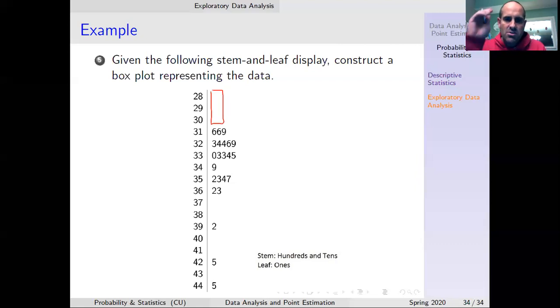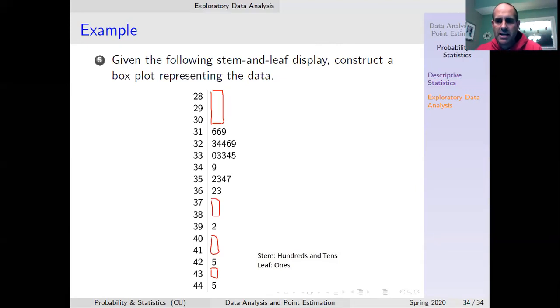I don't know why this was listed in this way. So to hundreds and tens, the leaves are the ones position, okay? You would have written a 0 if 280 had been in there. But I just want to say that there is no data in that zone and no data in this zone right here, okay?